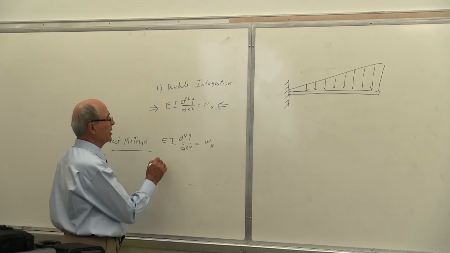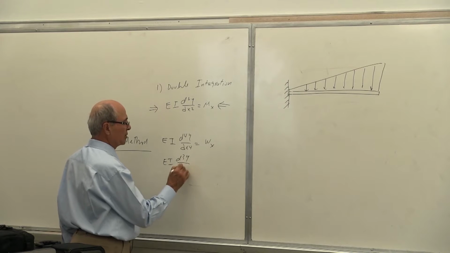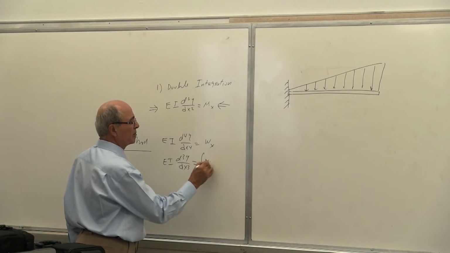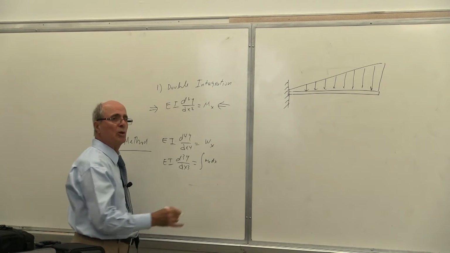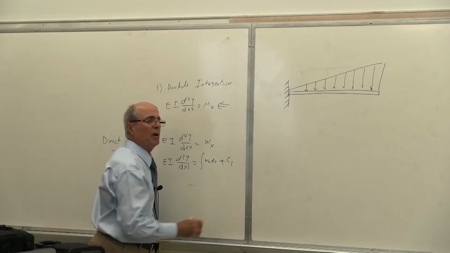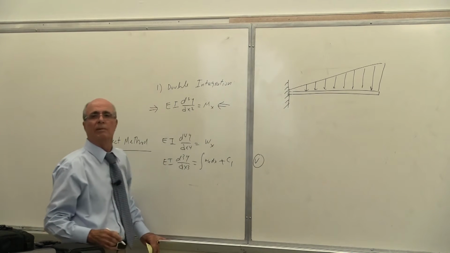Let's write it down here. EI d3y over dx3 equals the integral of that one, because integral of w(x) dx, everybody knows that's the shear. Is that correct or not? Plus C1, yes or no, which is the shear function, right?